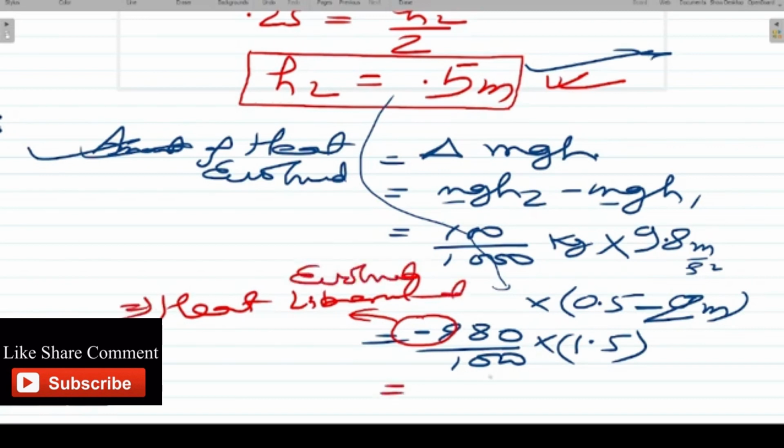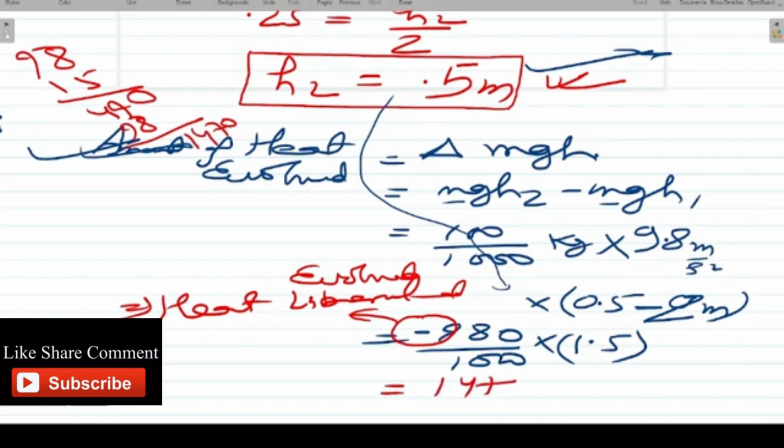The value, when we multiply 98 into 15, will be 1470, divided by 1000, and it will come as 1.47 joule. So this is the energy which is liberated. The energy liberated is 1.47 joule.